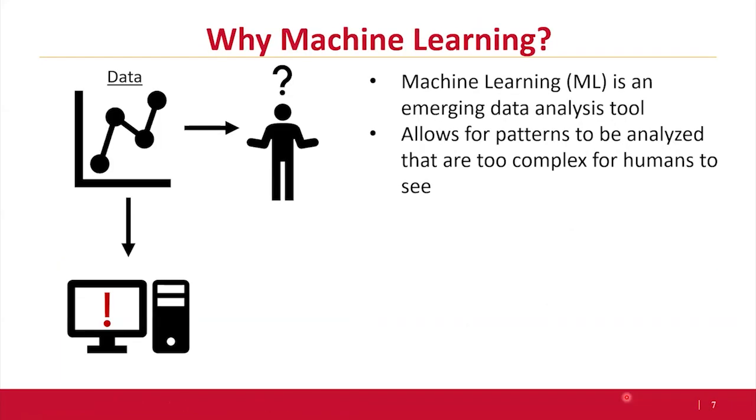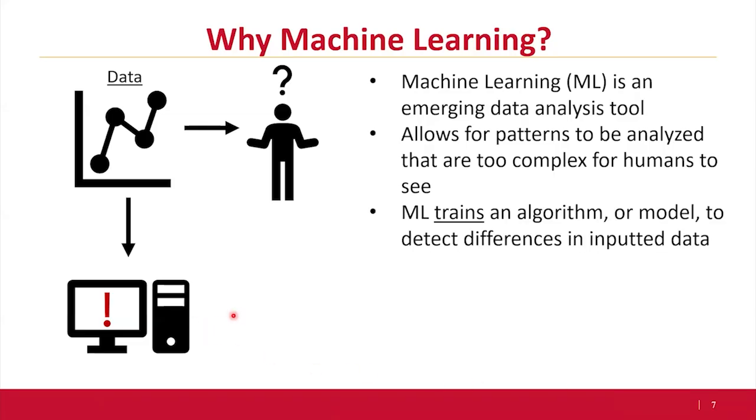Now, the next thing you might be asking is, why are we using machine learning? Well, the simple answer is our data is very complex. And while humans can have a hard time finding trends when the data gets too complex, computers excel at this. But they do have to be trained to do this. So in machine learning, you have a training process where it takes an algorithm, or a model as it's more commonly called, and it trains that to detect the differences in your inputted data.